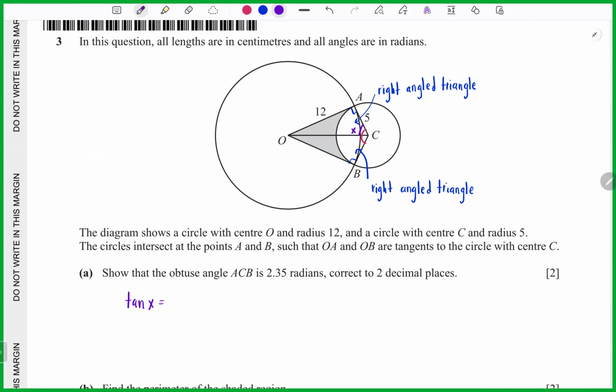Tan x equals 12 over 5, so x is 1.176 radians. Now angle ACB equals 2 multiplied by 1.176, which gives 2.35 radians. I hope you can get it.